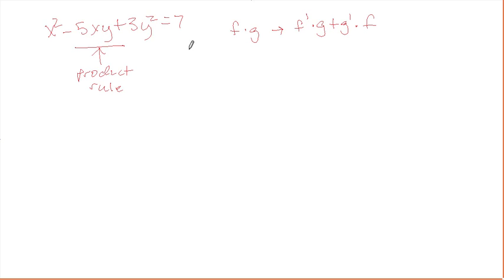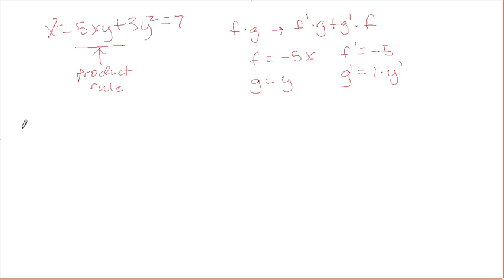So for this term in particular, let's take f to be negative 5x and g to be y. So f prime is simply negative 5, and g prime, if we take the derivative of this if it were x, then we have 1, and remember we multiply by y prime.